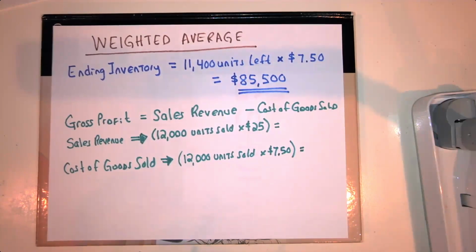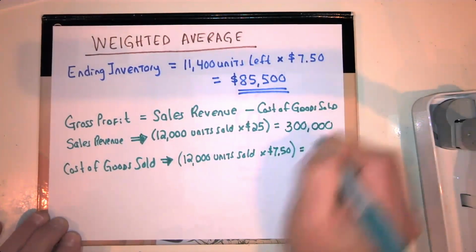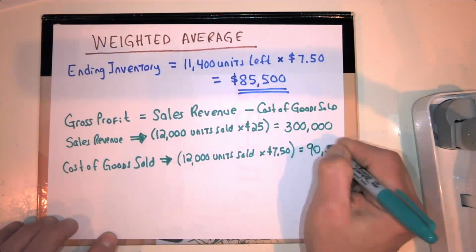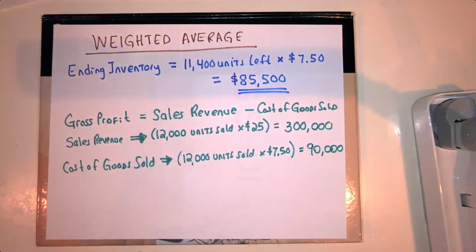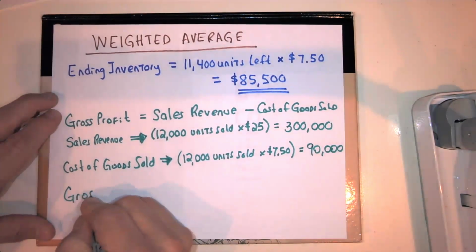Giving me a sales revenue of $300,000 and a cost of goods sold under weighted average of $90,000. So we can calculate our gross profit.